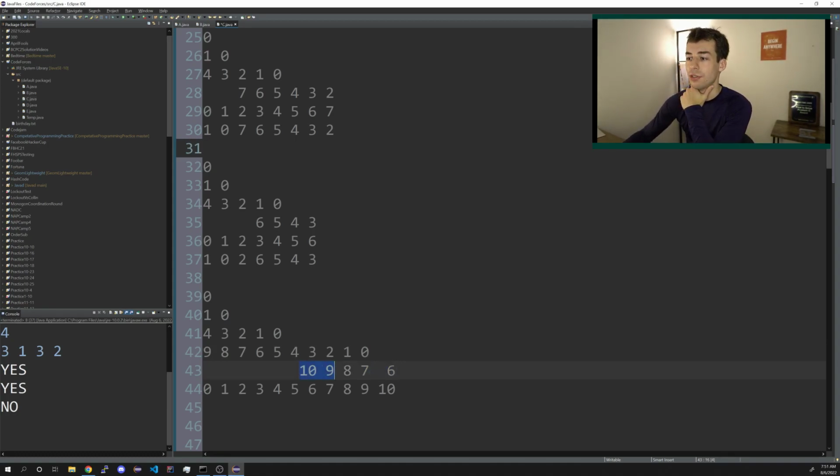Oh yeah, you always take a suffix. So you take this suffix up to 6, and then you take what's less than 6, everything less than 6. 5 to 4, 4 to 1, and then 0. 10, 9, 8, 7, 6, 5, 4, 3, 2, 1, 0.